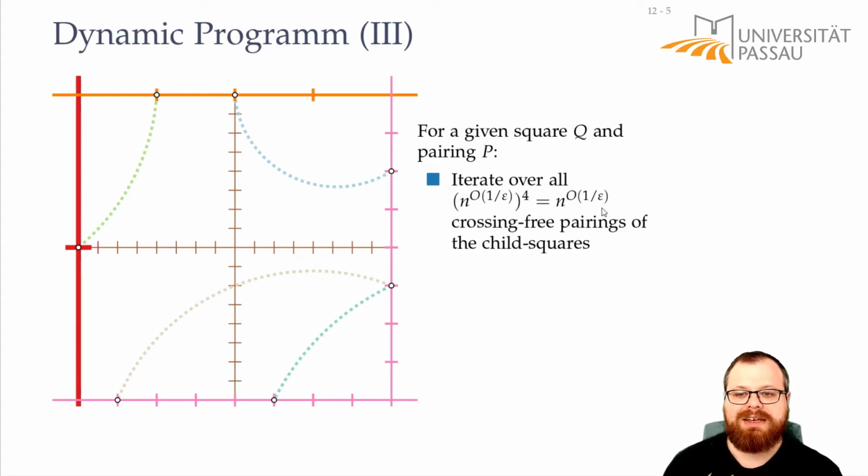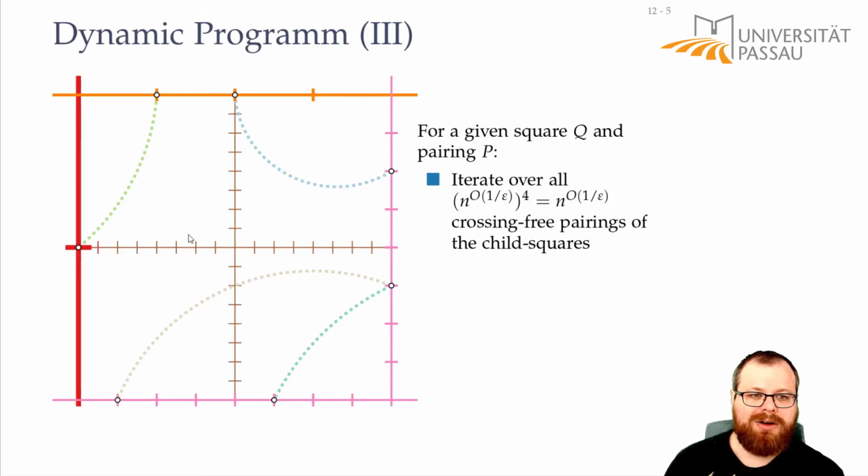We can just take whatever we have, take it to the power of some constant, and it's still the same because it's just another constant we have to add here to the exponent, so we don't care about it. As long as we only have the asymptotic behavior here in the exponent, it's all okay. So we still have only n to the order of 1 over epsilon crossing free pairings of the child squares that we have to combine.